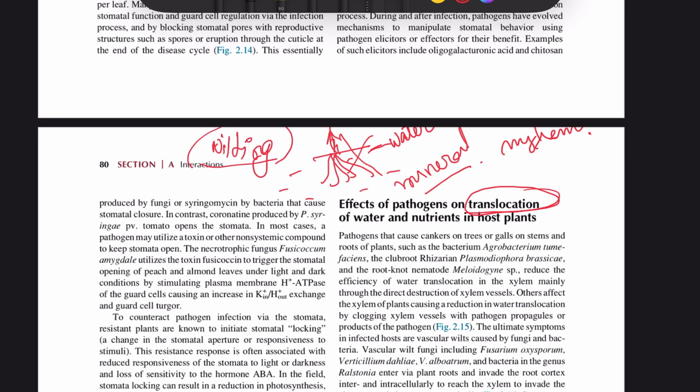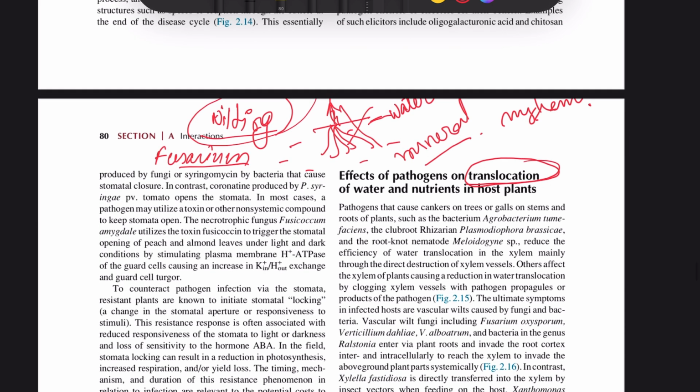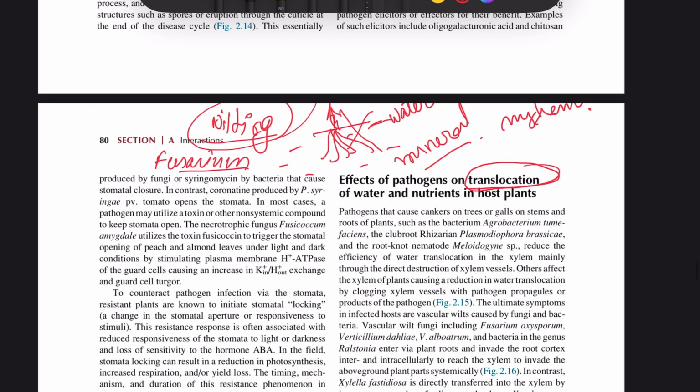Wilting is mostly caused by soil-borne pathogens. One of the major pathogens responsible for wilting is Fusarium wilt. But wilting can be caused by various factors like fungal wilt, bacterial wilt, physiological wilt. So we cannot say so sure before testing it under laboratory conditions.